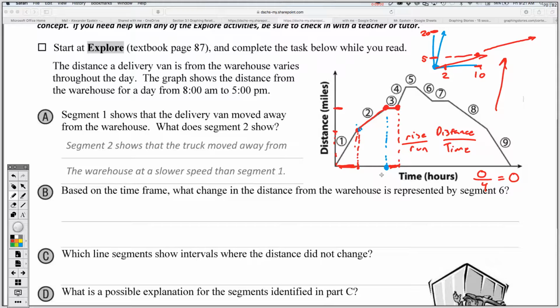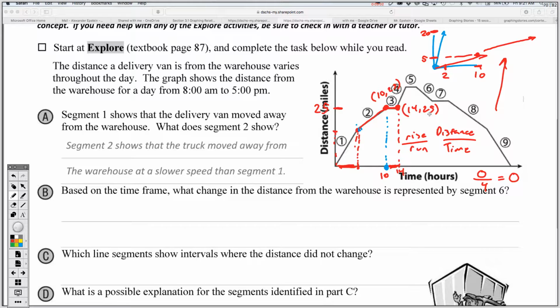I'm going to pretend like this was 10 and this is 14. Okay? So if this was 10, that's 14, and we'll say that this is 25 miles. So you have 10, 25 for the first coordinate. What would this coordinate be? What's the x? 14. What's your y? 25.